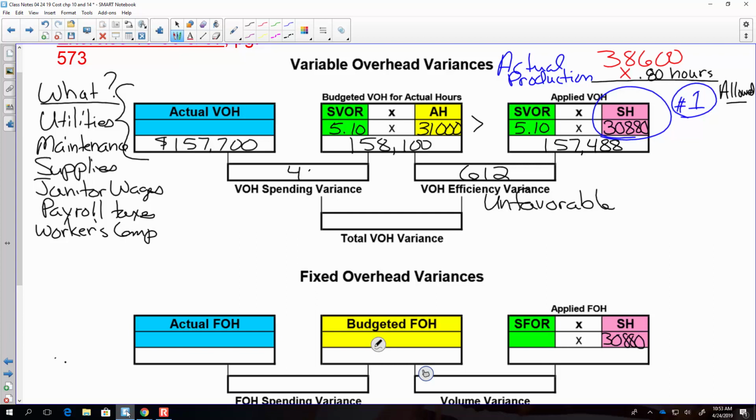What's the spending variance? Favorable or unfavorable? Favorable. That one's favorable, yep. So we have a favorable spending, an unfavorable efficiency. We can net the two together, and it would be which direction? Unfavorable. Unfavorable, right? Okay.